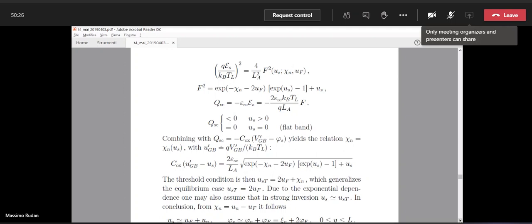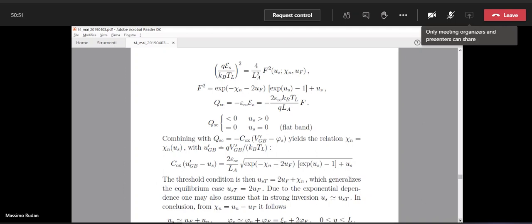So we know by construction that US, the electric potential at the surface, is non-negative. We don't have accumulation. So F squared after the integration has the form visible here.